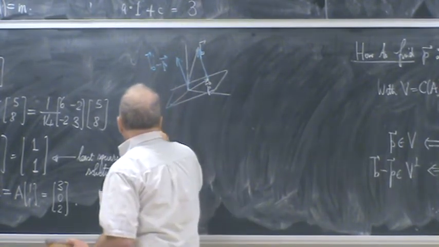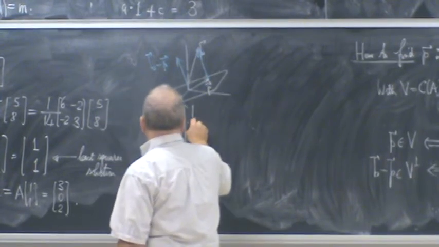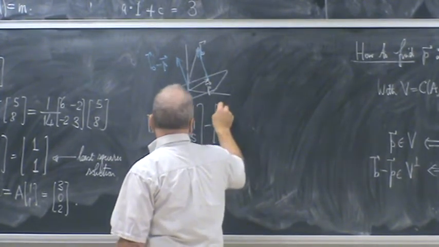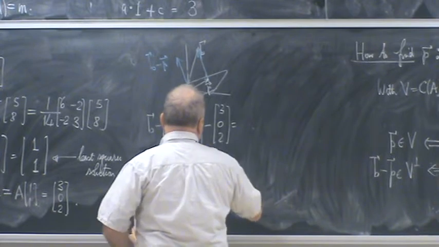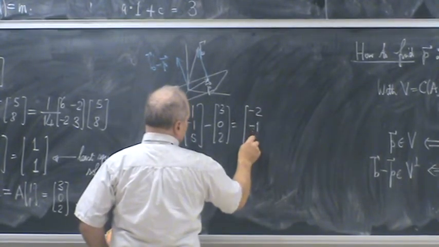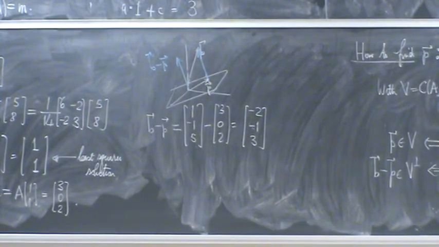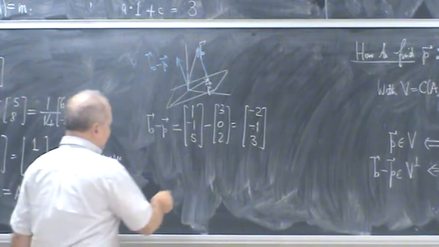What is B minus P in our case? -2, -1, 3. Is that perpendicular to the column space? Yes. Otherwise, we'd be in serious trouble.